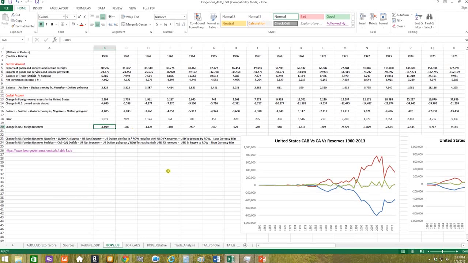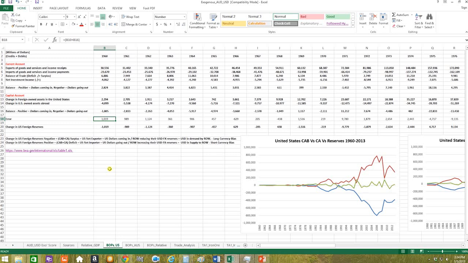Okay, so what does this mean overall in terms of money flow? Well, if the balancing item is negative, or the change in US foreign reserves is negative, what it means is that this number by default must have been positive, which means the United States is in surplus.